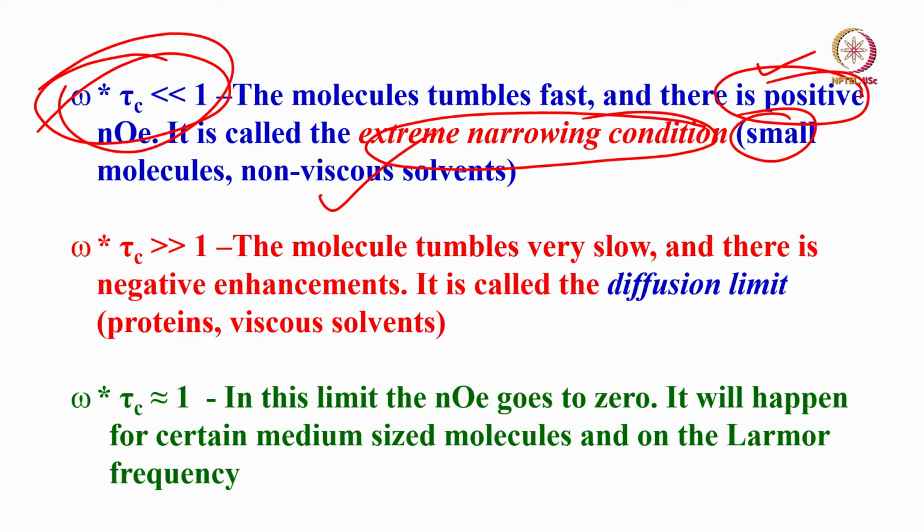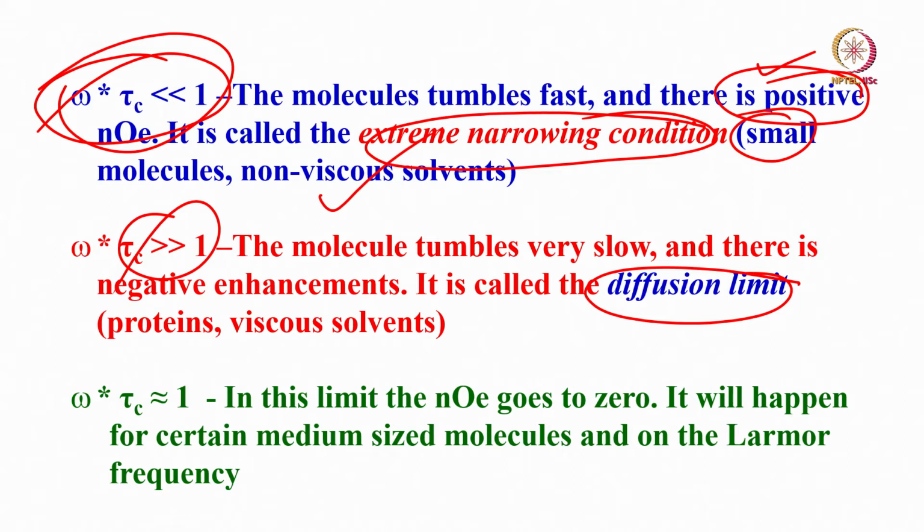Now, when omega tau c is greater than 1, what does it mean? The molecule is tumbling very slow. That means there is a negative enhancement, negative NOE you are going to see. This is called the diffusion limit. When can this happen?